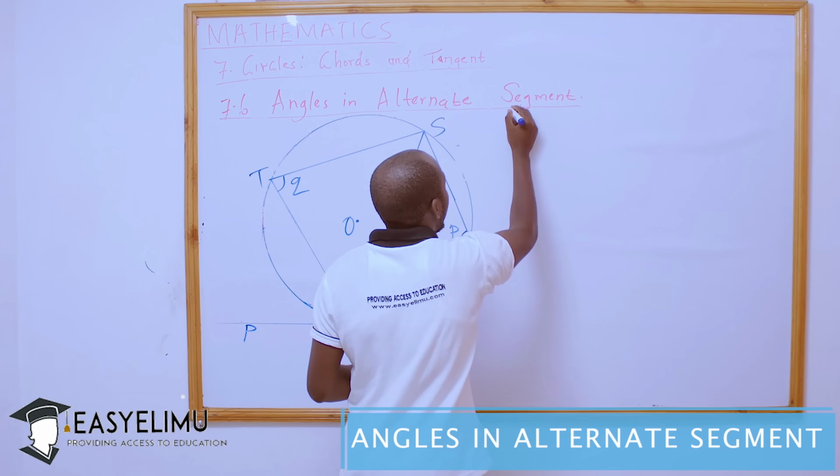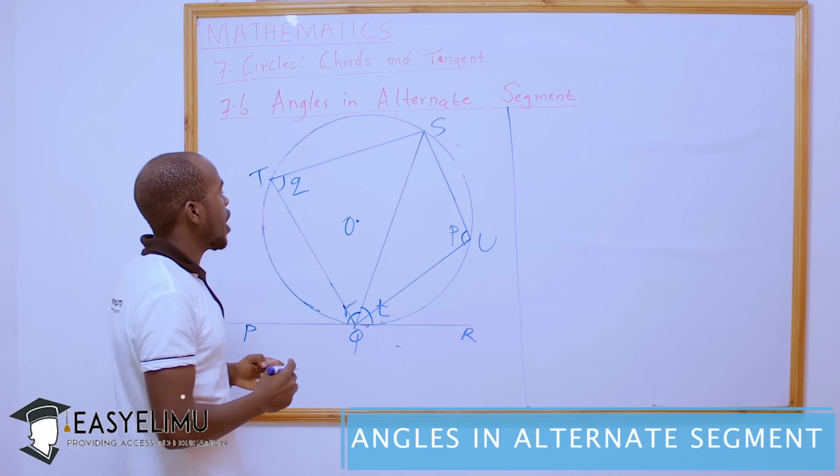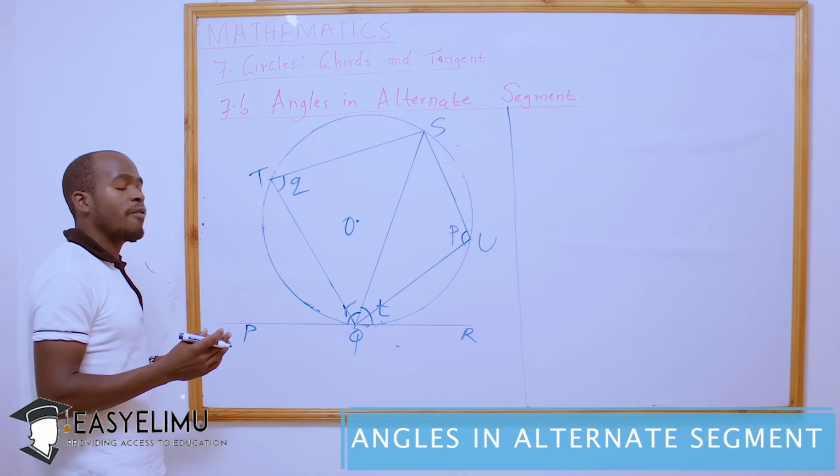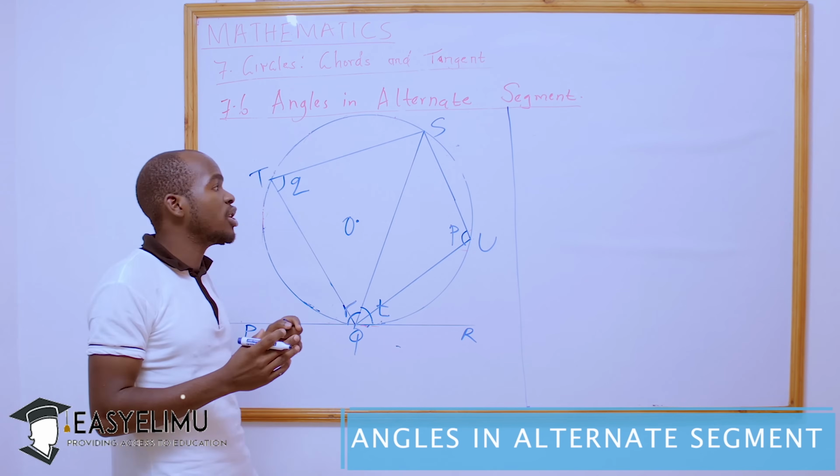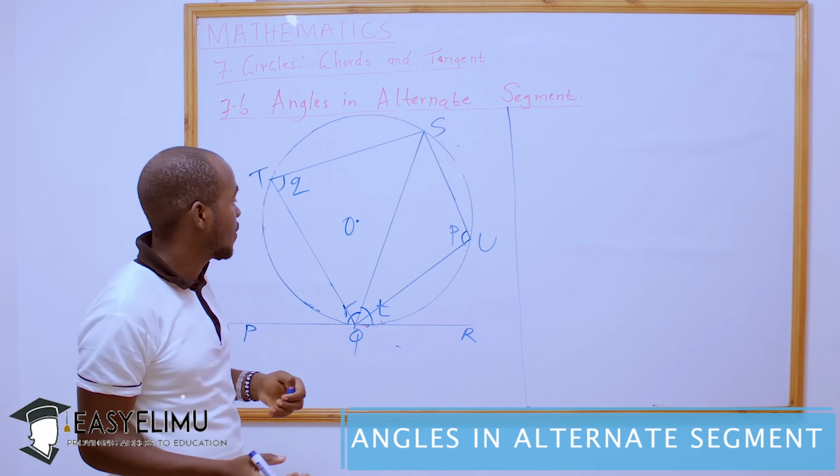So if you are given that case, what you should do here, we are going to see how we can find much more relationship with the angles in alternate segment or angles in a circle.